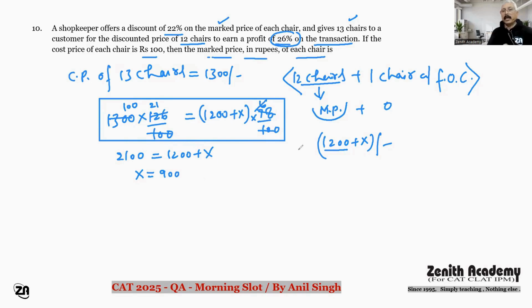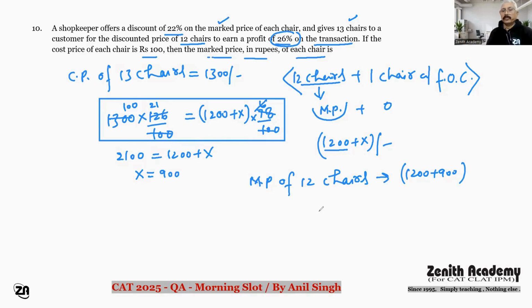So the mark price of 12 pairs is 1200 plus 900 rupees. And here the question is the mark price of each chair.